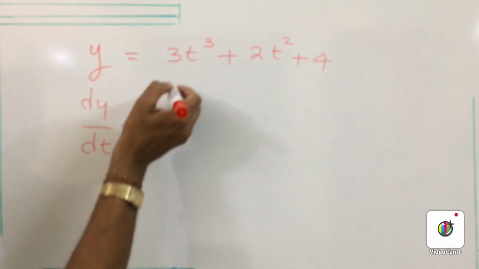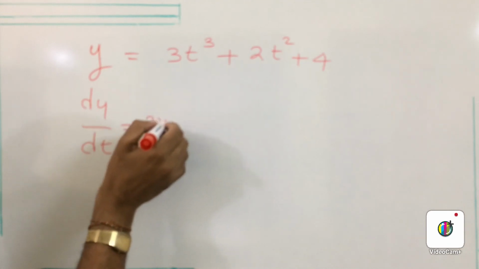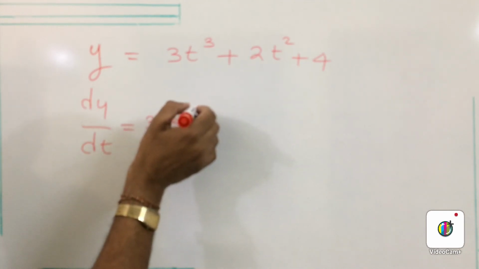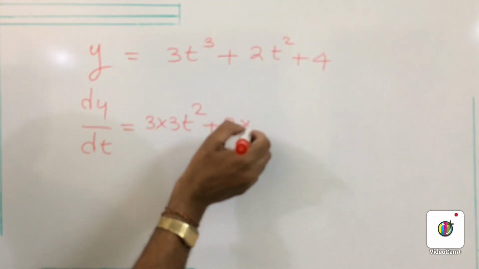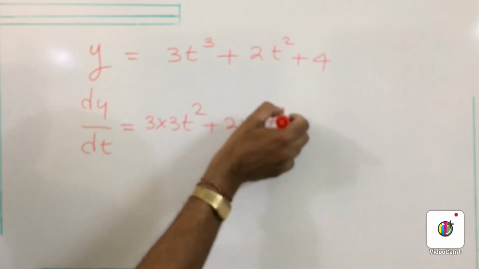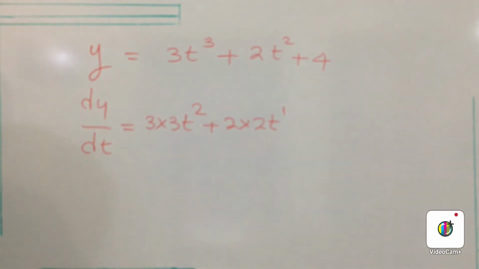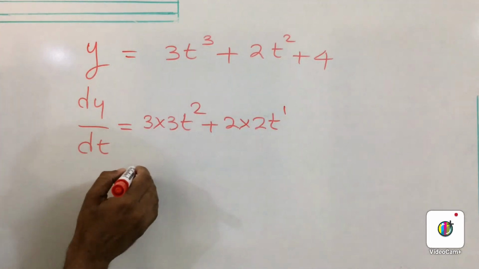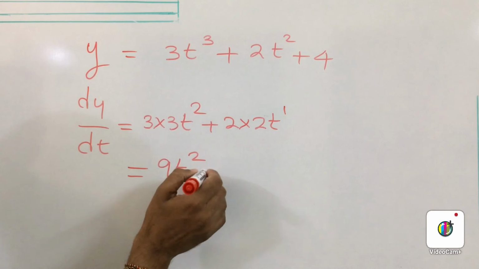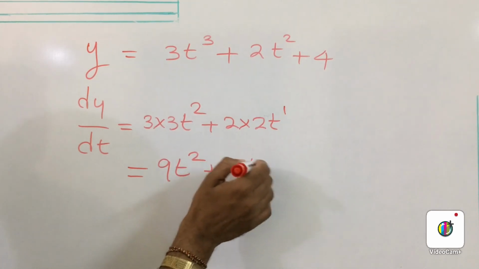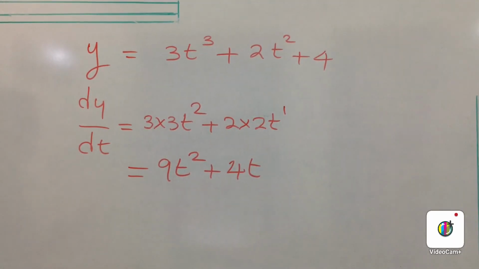When you take it in front, 3 into 3t to the power 2, plus 2 into 2t to the power 1, and the differentiation of a number is 0. Therefore your answer should be 3 into 3, 9t squared plus 4t. This is the differentiation of y with respect to t, therefore dy over dt.